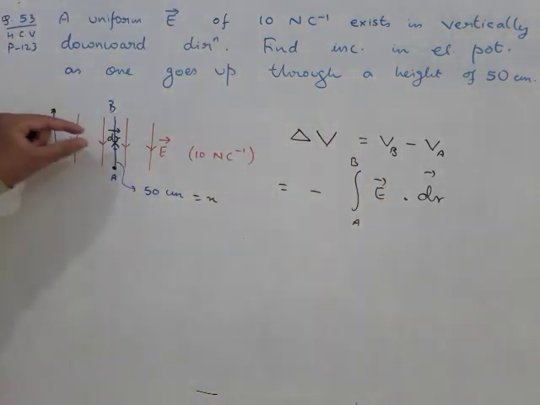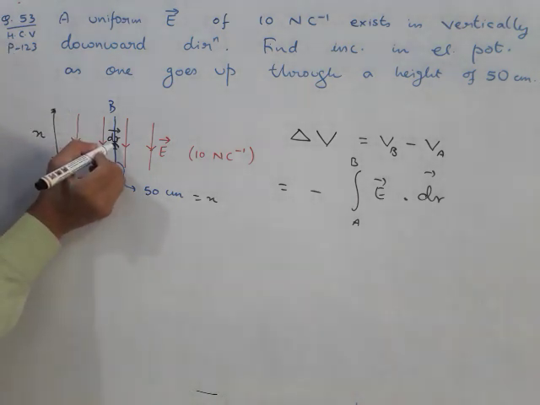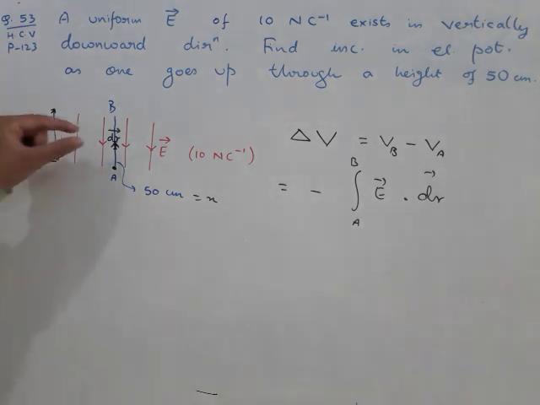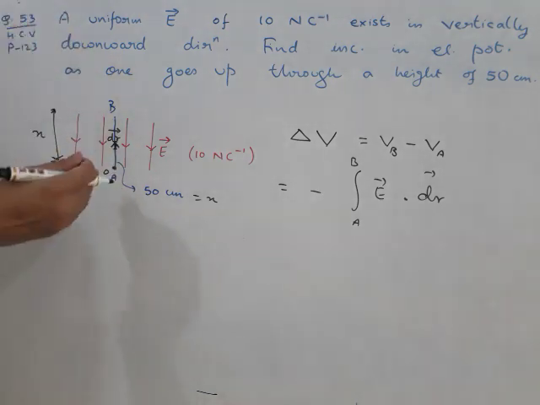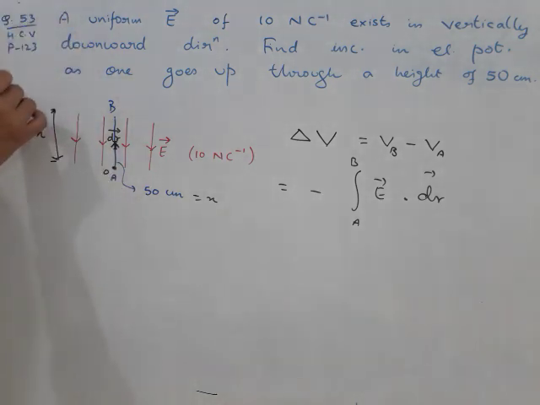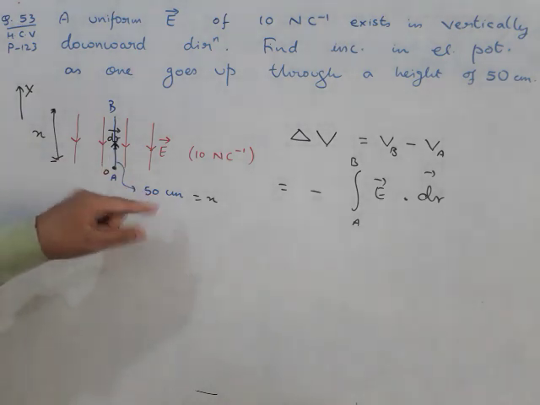Now if you choose a small displacement dr vector, which I have shown by this particular arrow, this black portion, this small displacement dr is in upward direction. I choose this point as, suppose, origin, and I am moving in upward direction. This is our x-axis, so I take this as our x-axis. So this distance is 50 centimeter.